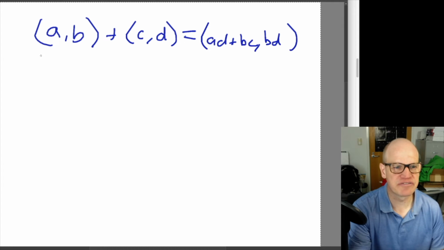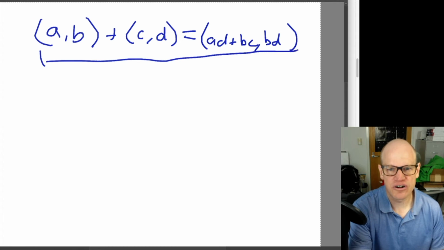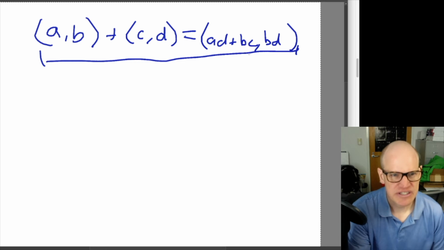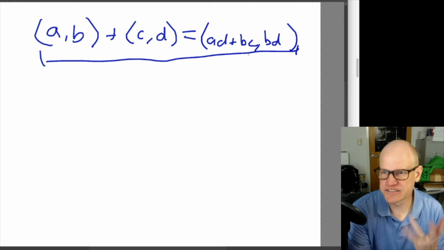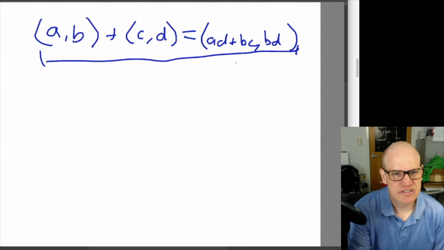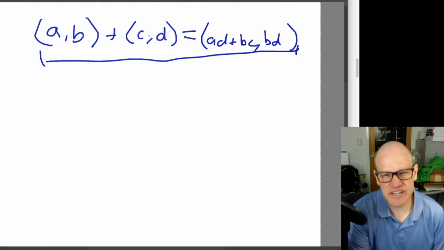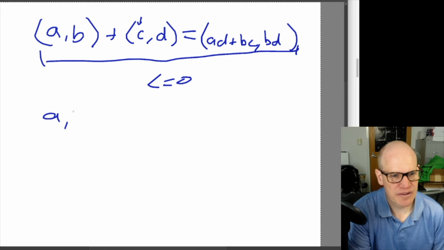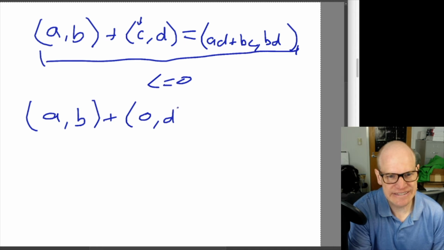Okay, so this kind of addition also has inverses and has an identity element, and so the identity element in this case is going to be C equals 0. So (A, B) plus (0, D) is going to give me what?